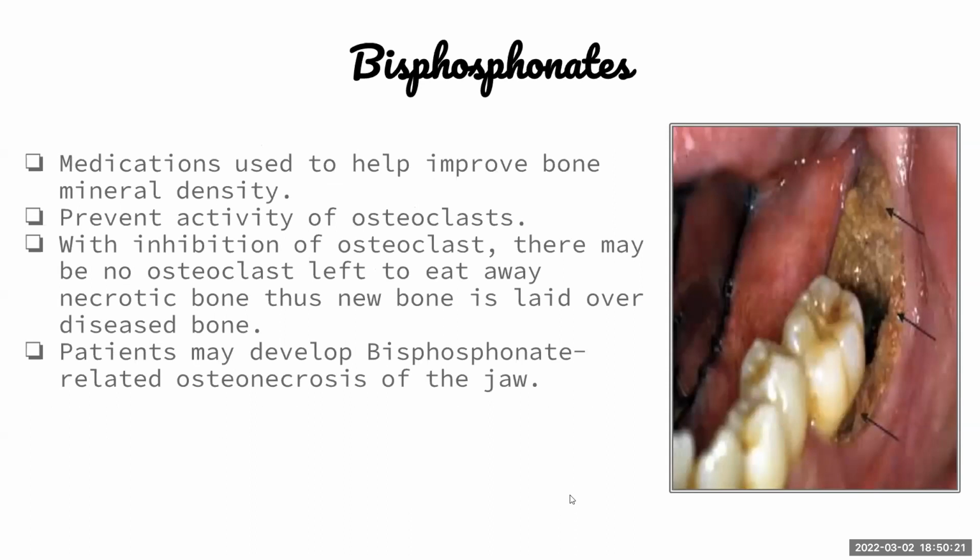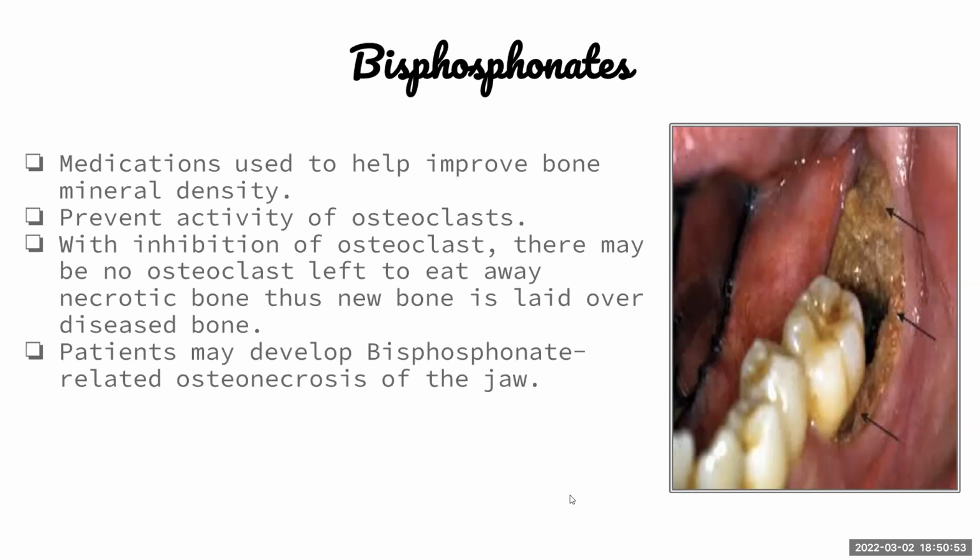Some of these medications, like the bisphosphonates, help improve bone mineral density because they prevent the activity of osteoclasts, and cells only have a certain lifespan. If you're taking a medication that is making these cells last forever, there's no cleanup of things when they finally die out because you don't have those osteoclasts to resorb it.